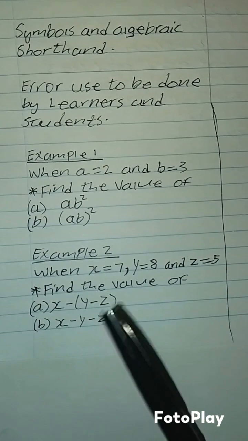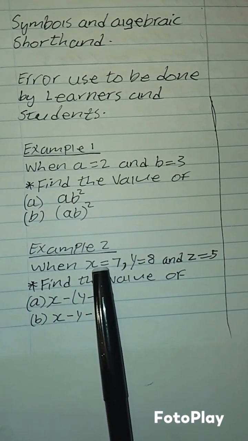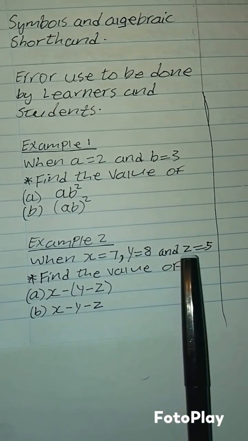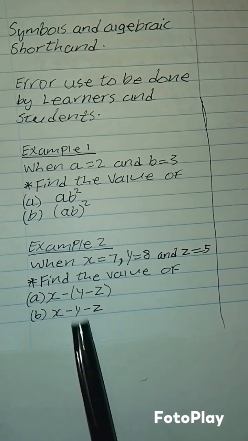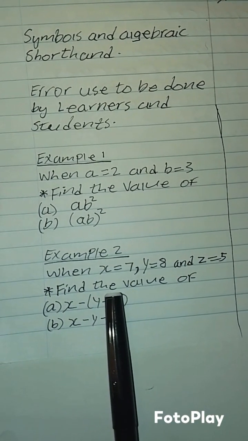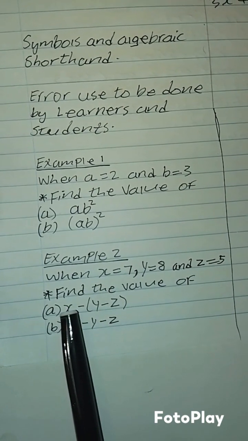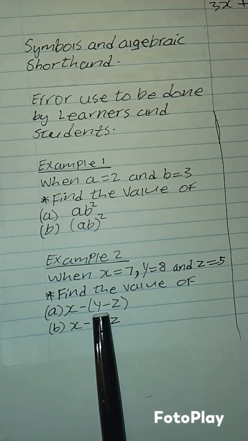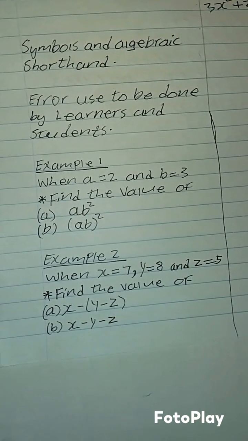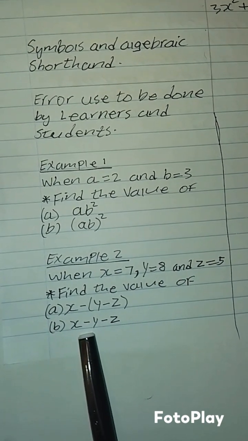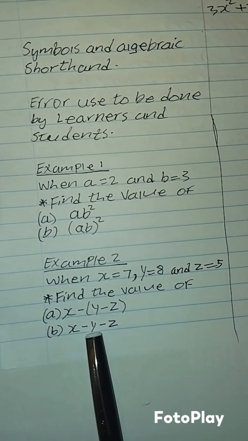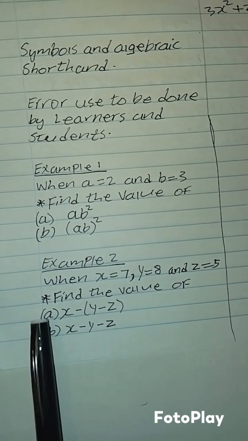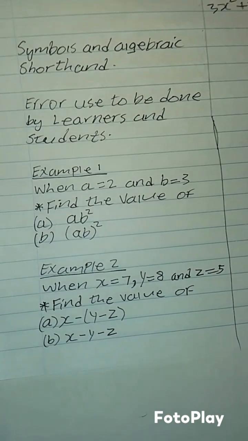Example 2 we are going to tackle again. When X is equal to 7, Y is equal to 8, and Z is equal to 5, find the value of X minus open bracket Y minus Z close the bracket, and X minus Y minus Z. Again, the answers are different.